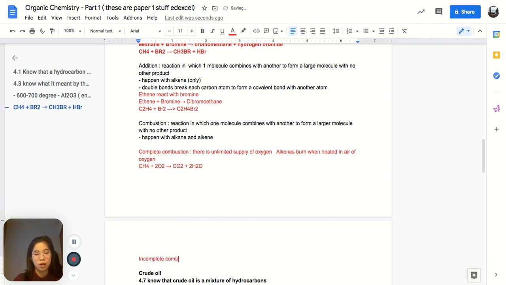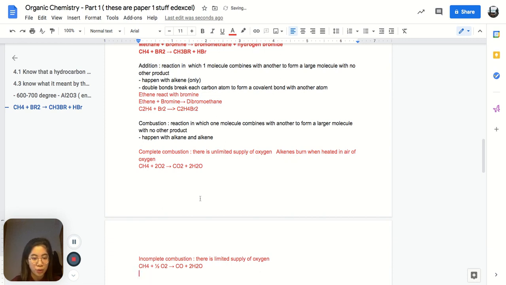Incomplete combustion, of course, basically means there is a limited supply of oxygen. And this is CH4 plus 1 1/2 O2 will give you, guys, CO plus 2H2O.